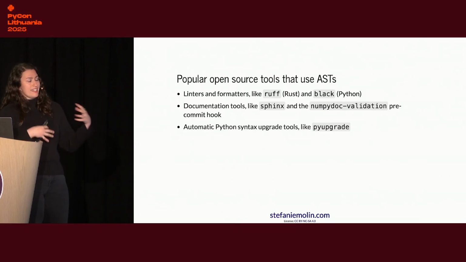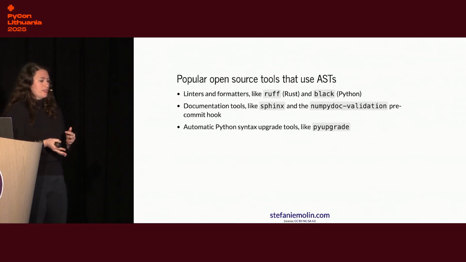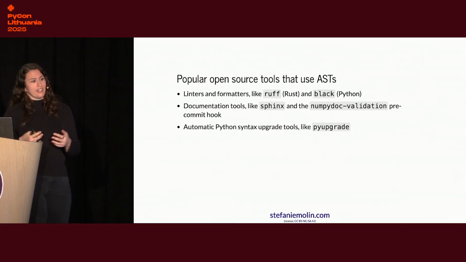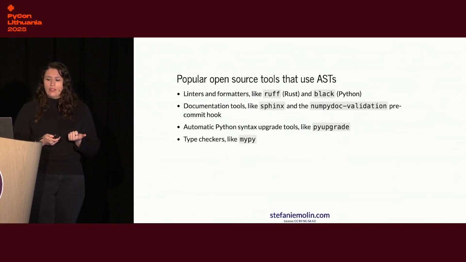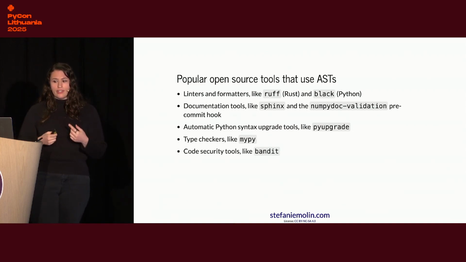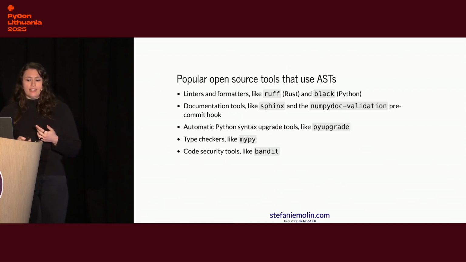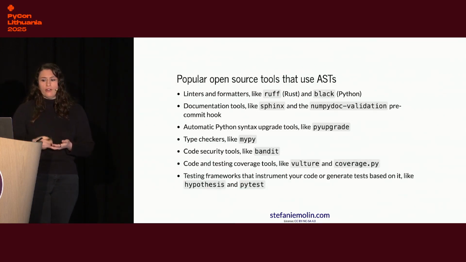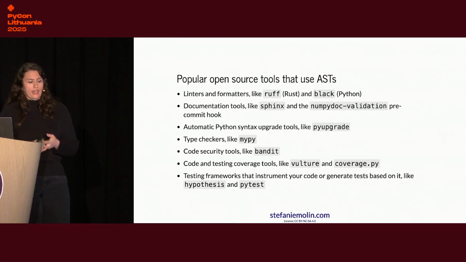Automatic Python syntax upgrading tools, like when you try to port your 3.8 code into 3.12 and there are changes in syntax, tools like PyUpgrade that help you do that are using ASTs. We have type checkers like MyPy, code security tools like Bandit, things that test coverage like Vulture and coverage.py, and also testing frameworks that are instrumenting your code, so Hypothesis and PyTest.